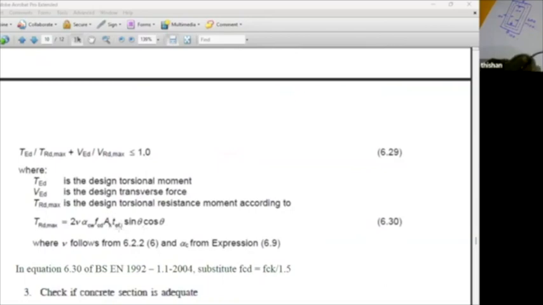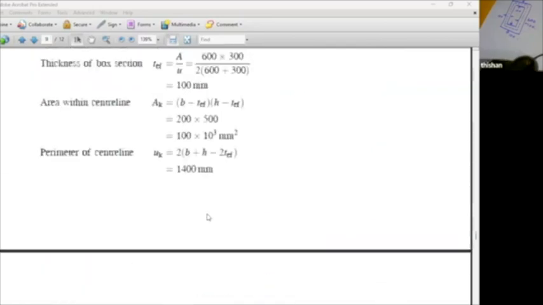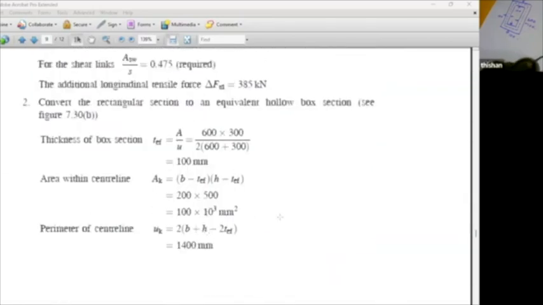So effective thickness and Ak. So we will calculate those values.